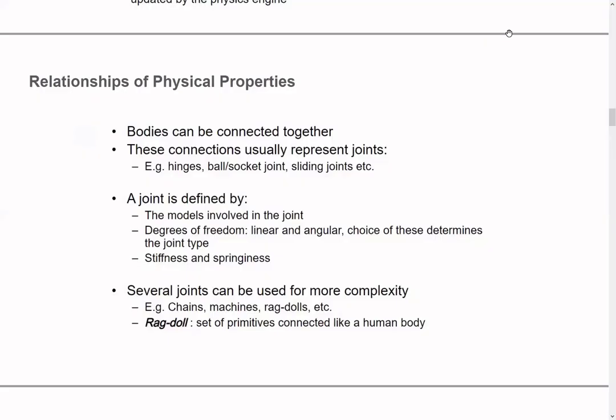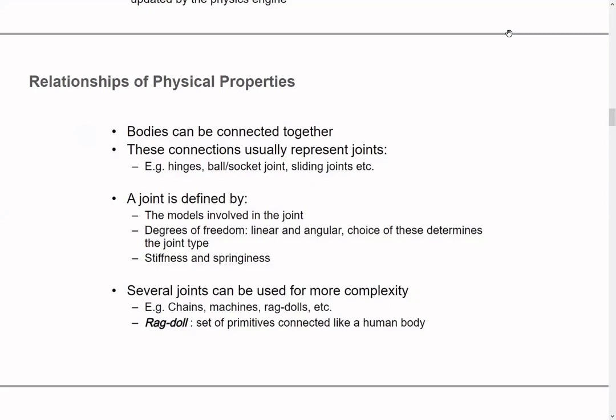Now let's look at the relationships of these physical properties that we discussed a minute ago. Using these, the bodies can be connected together. These connections usually represent joints. What is a joint? A joint is defined by three things. First, the models involved in the joint.